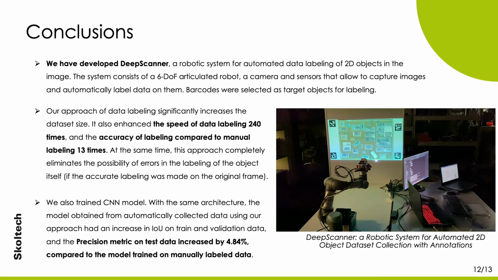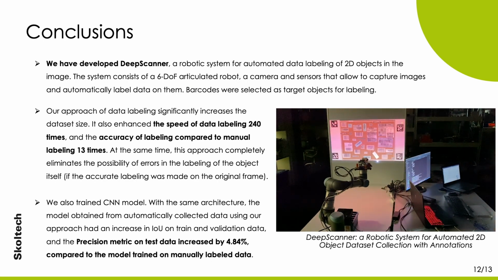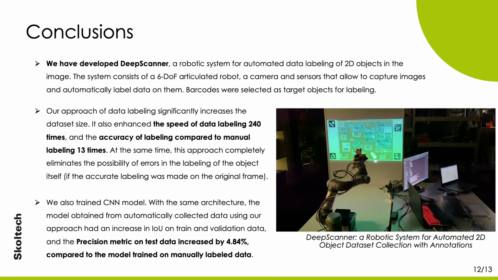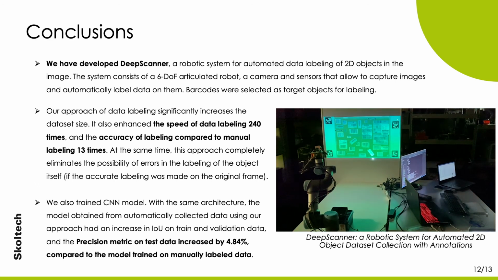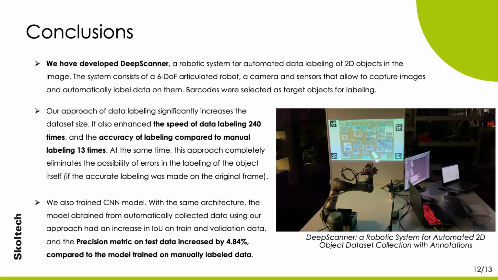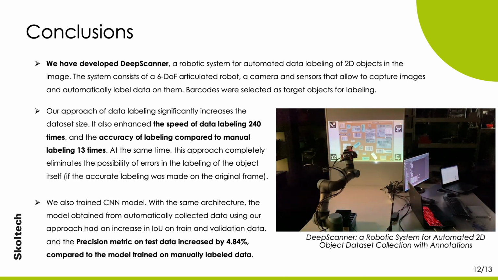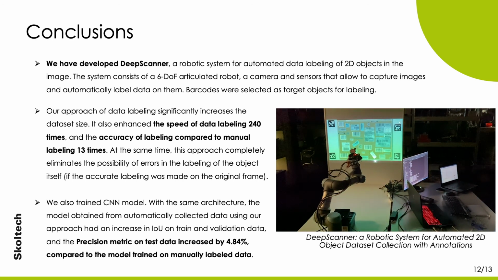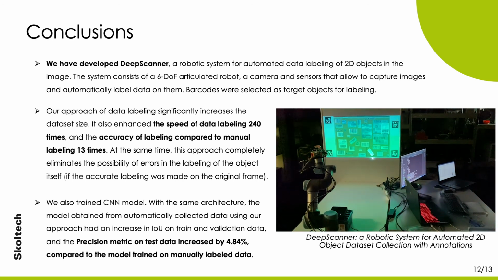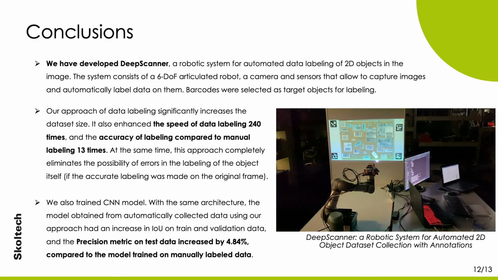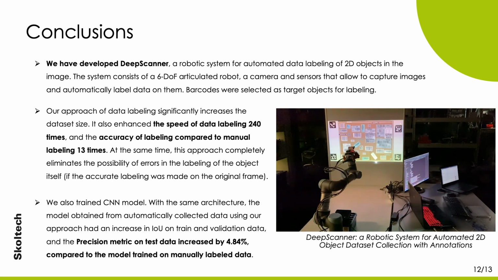We have developed DeepScanner, a robotic system for automated data labeling of 2D objects in the image. The system consists of a 6-DoF articulated robot, a camera, and sensors that allow capturing images and automatically labeling data on them. Our approach of data labeling significantly increases the dataset size. It also enhances the speed of data labeling 240 times and the accuracy of labeling compared to manual labeling 13 times.